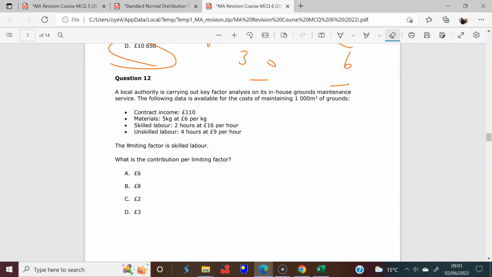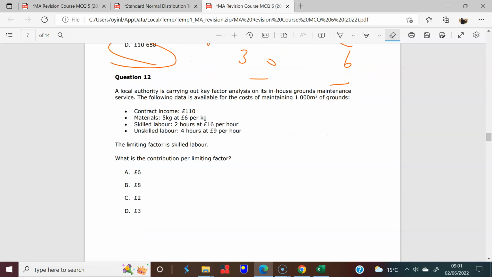Here we are looking at contribution, really. There's nothing really new here. Key factor analysis, the key data available for maintaining this. Okay, no problem. So here's your contract income, 110. Your materials are 5 times 6, which is equal to 30, right?